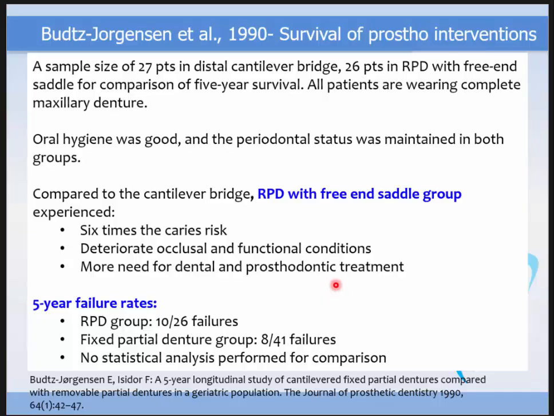So the 5 year failure rate for the dentures is actually higher than the fixed partial denture group, which is the cantilever bridge patients. However, they did not conduct any statistical analysis to compare these failures. Okay, in simple terms, the patient wearing dentures has more problems.